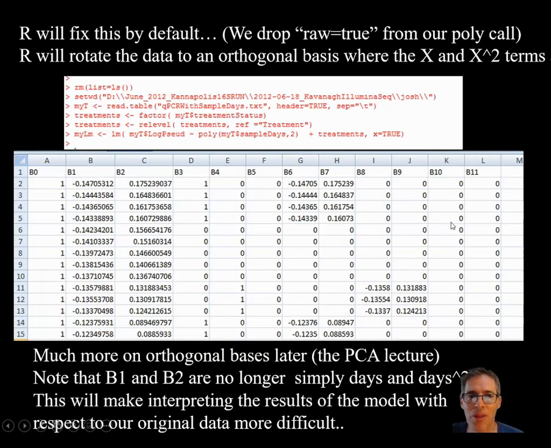But if you drop raw equals true from your call to poly, R has actually rotated time and time squared onto a new basis, and this is very similar to what's going to happen when we look at PCA ordination coming up in 2 lectures, where PCA ordination is also going to be rotating our data into orthonormal bases.